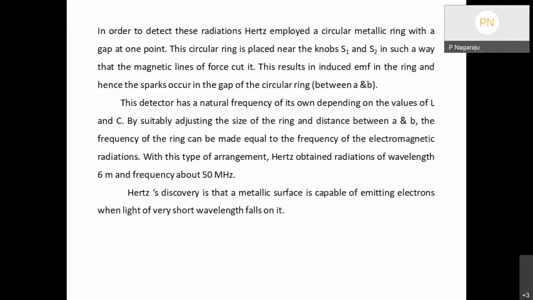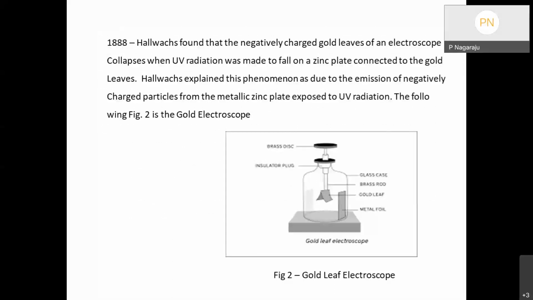And Hertz's discovery is that a metallic surface is capable of emitting electrons when light of very short wavelength falls on it. The photoelectric effect was discovered in the year 1887, and again in the year 1888 Hallwachs established it with the help of the gold leaf electroscope.